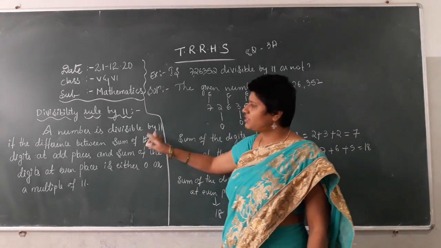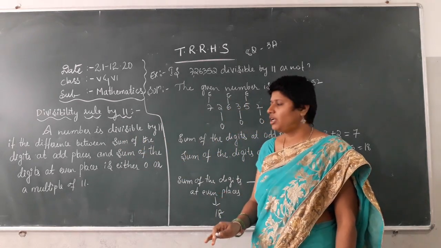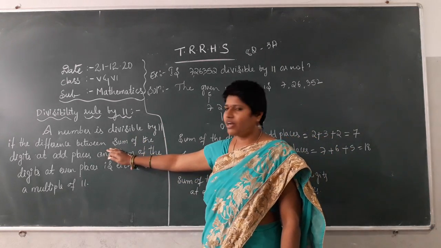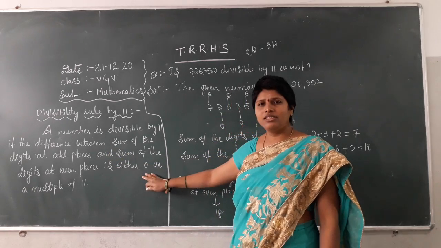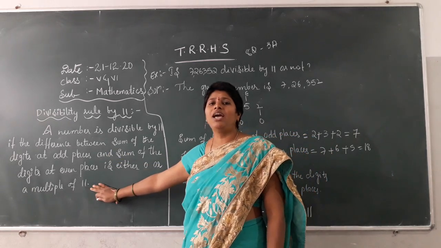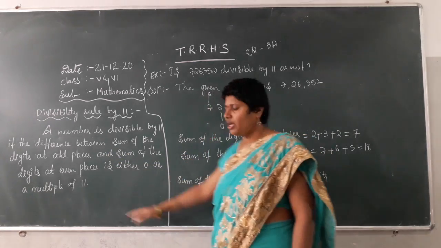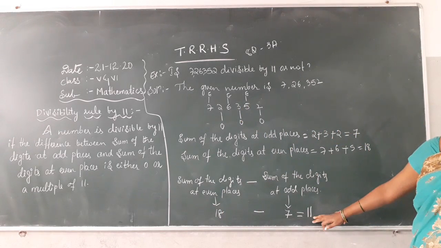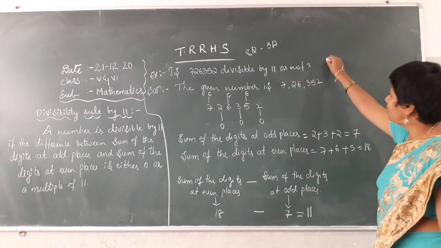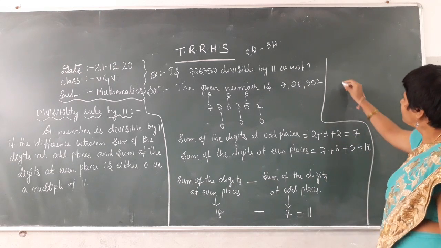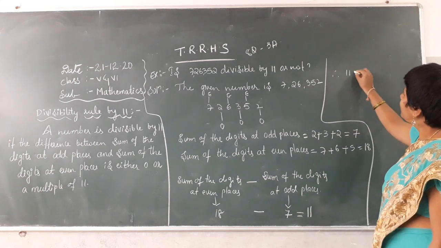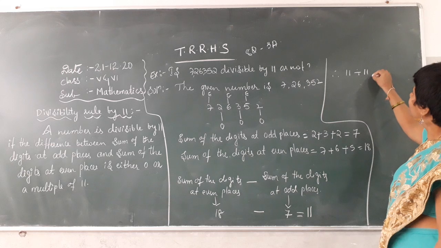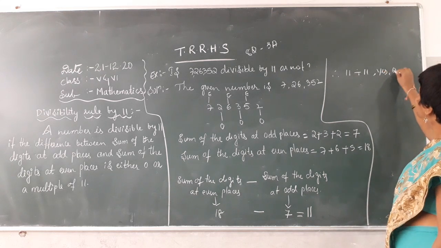A number is divisible by 11 when the difference must be either 0 or a multiple of 11. What are you getting? 11. So 11 ones are 11, so it is a multiple of 11. So write down here: therefore, 726352 is divisible by 11, since 11 divided by 11 gives quotient 1.